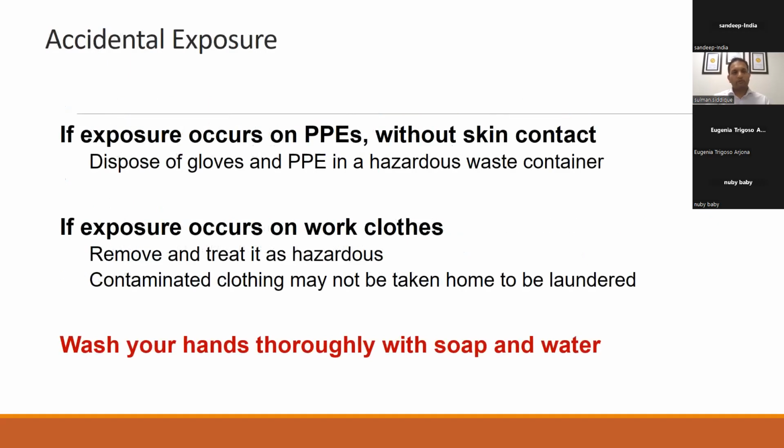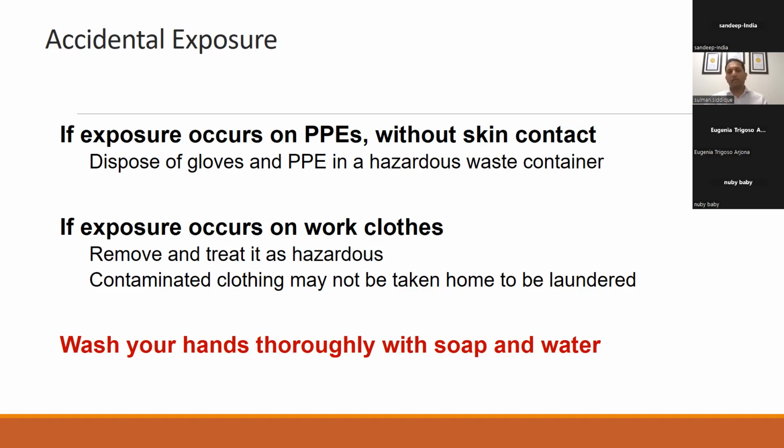So what to do if an accidental exposure happens? Of course, accidental exposure can happen in any setting. Even when you have all the controls, accidents can happen. What to do? If an exposure occurs on PPE and skin contact is not involved, then you simply dispose of the PPE.